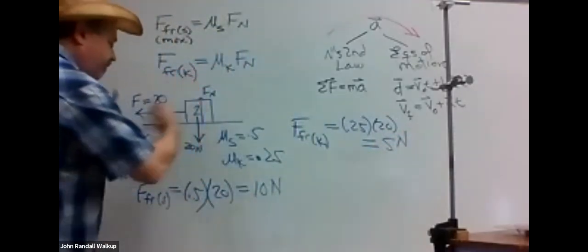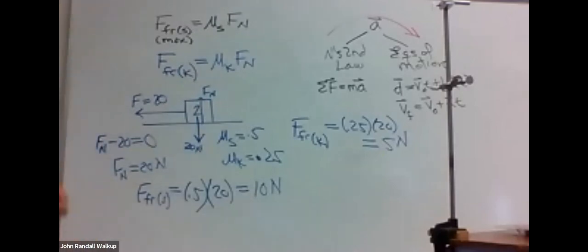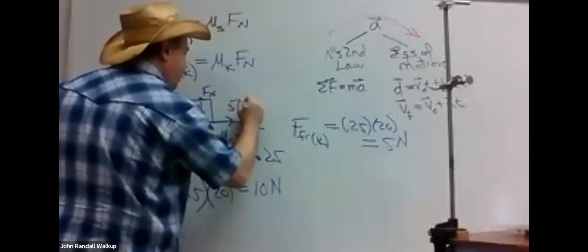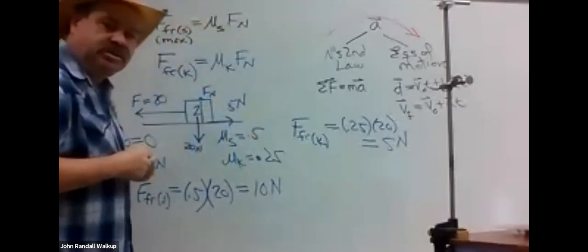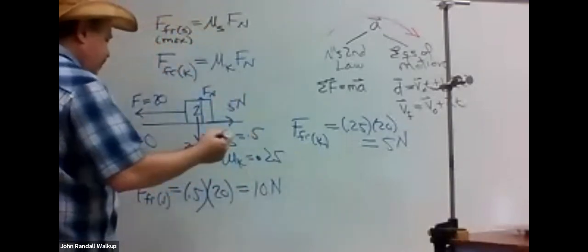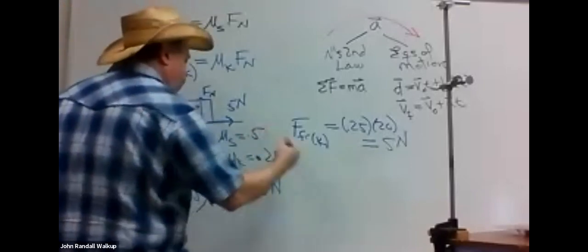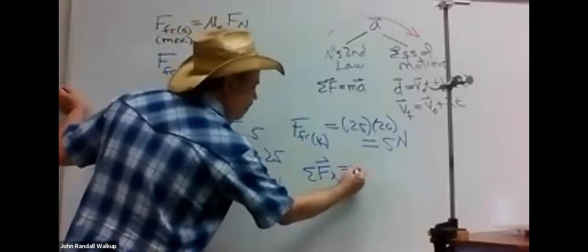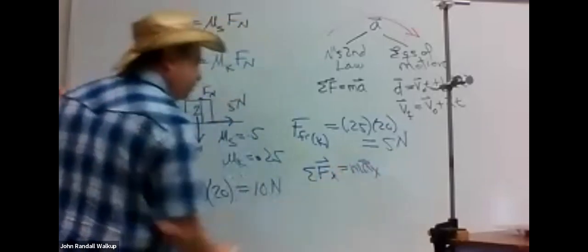Now, when we go to vector sum our forces, we have 5 newtons going in the opposite direction, force of friction. So now we sum the forces in the x direction equal to the mass times the acceleration in the x direction.